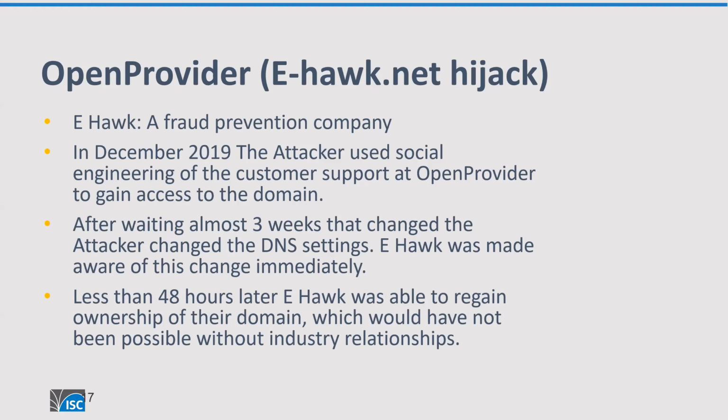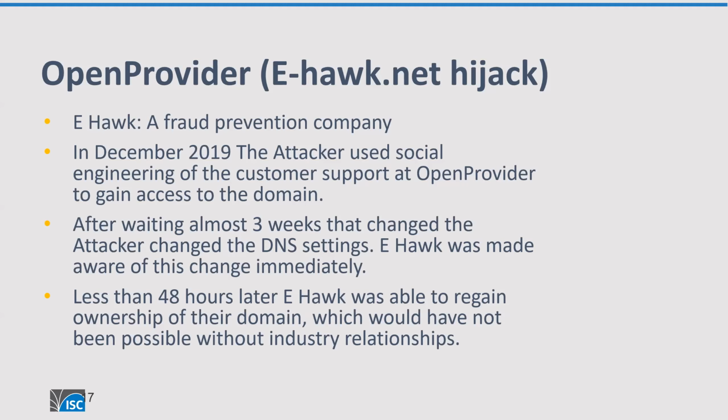And finally, after less than 48 hours, and I can't stress hard enough, the only reason that it only took 48 hours is because they had a bunch of industry relationships. The gentleman who's mentioned directly in the report, Sam Silverman from Endurance International, actually had a contact at the domain registrar PDR and was able to help them get the domain back.